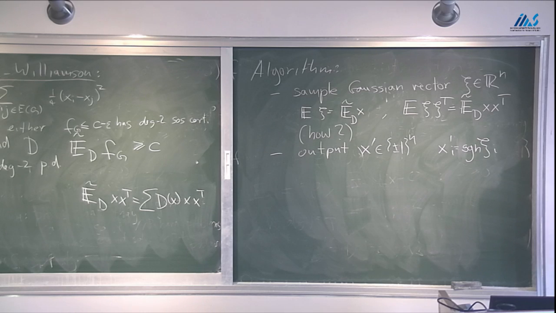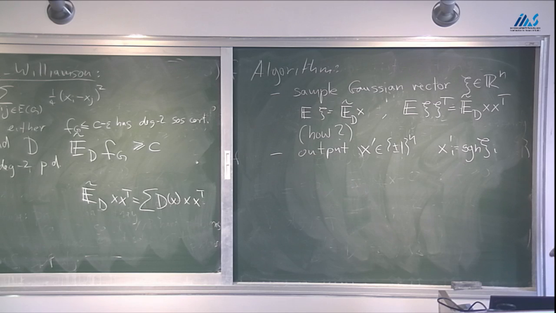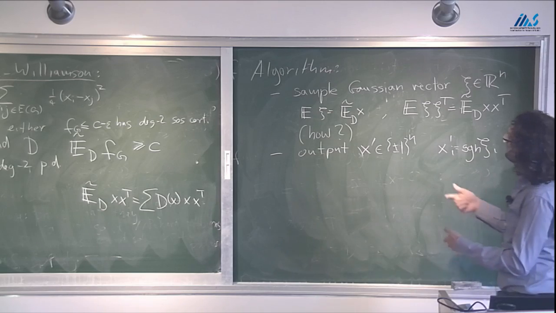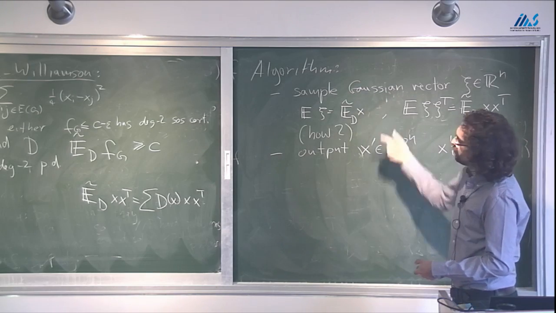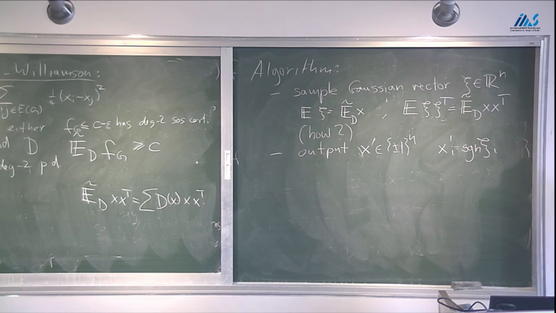Yes. So let's start. Let's discuss why this exists. So in general, if you ask for a Gaussian distribution with this expectation and this covariance, then it exists as long as the covariance matrix is positive semidefinite.